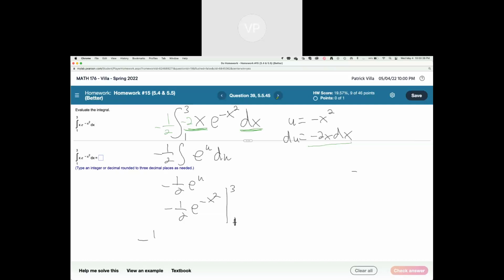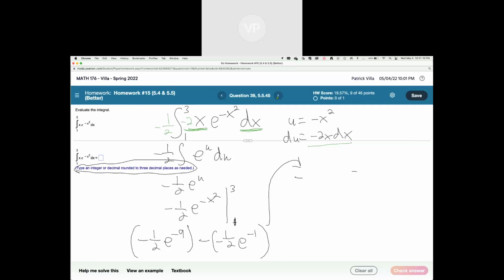So negative 1/2 e to the negative 9 minus negative 1/2 e to the negative 1. And now, like I always say, it's just some algebra. Let's clean this up a little bit and see what we get here. We get a negative 1/2. Oh, and before I go any further, they say it's okay to do the decimals, 3 decimal places.